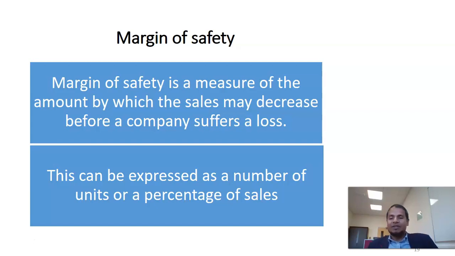Or if the company's sales is reduced by 10%, then the company would be in loss. Or in number, if the company's sales is reduced by 500 units, then the company would be in loss. So what's the safety margin of the company? That's the indicator indicated by margin of safety.